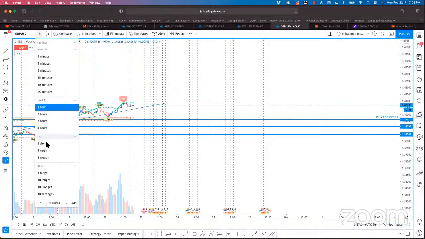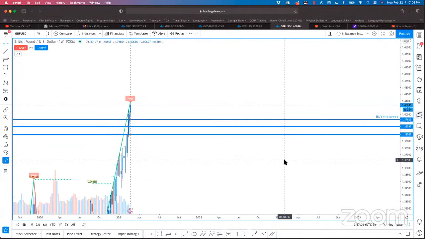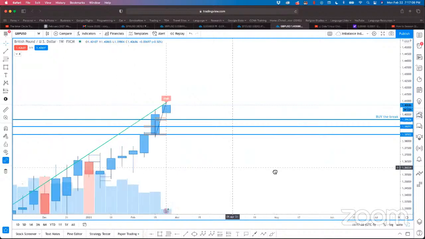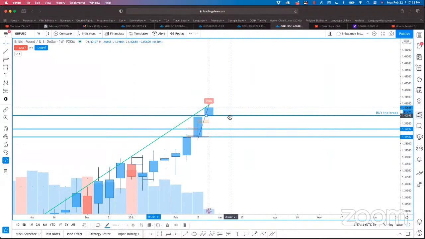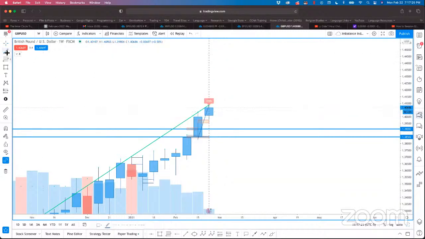Or you can go to the weekly, right? The weekly opening price for this week is right here. This is the weekly opening right here. If I go to the weekly chart, that's here. But for me, I would draw it out like this.